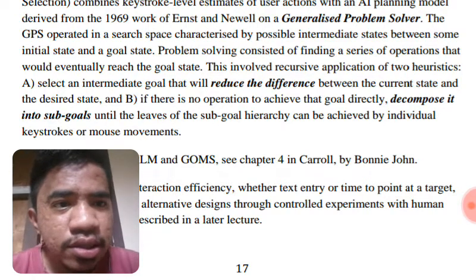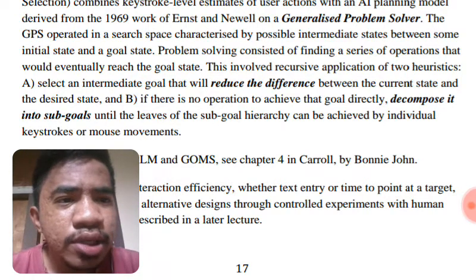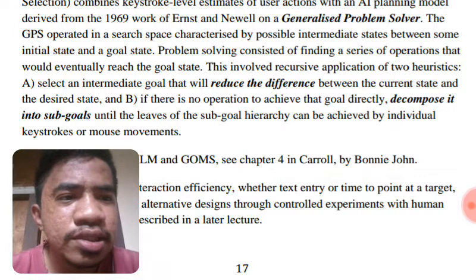This involved recursive application of two heuristics.